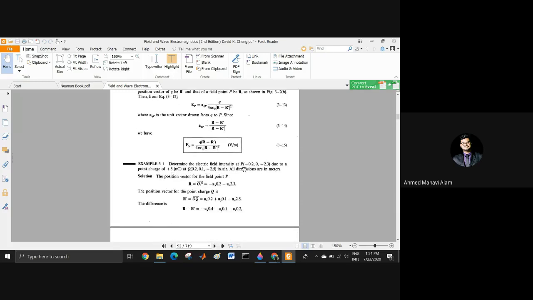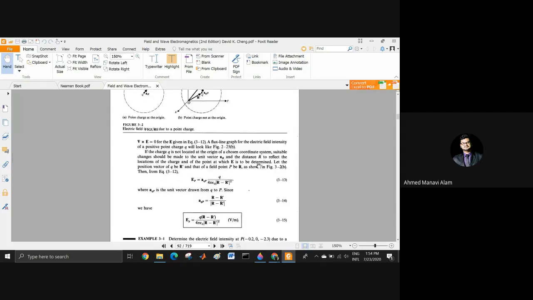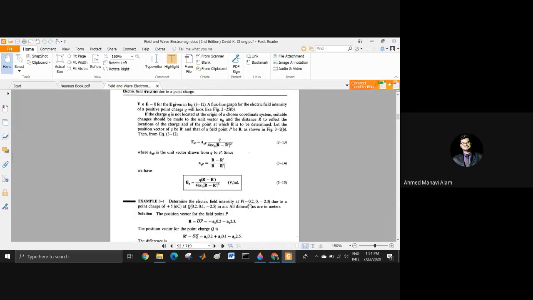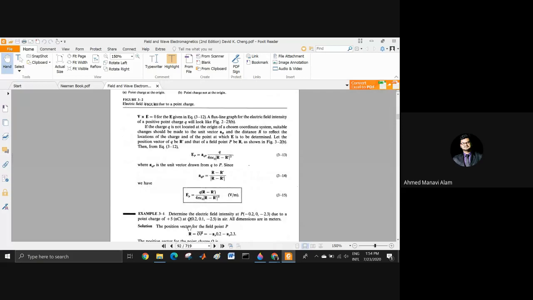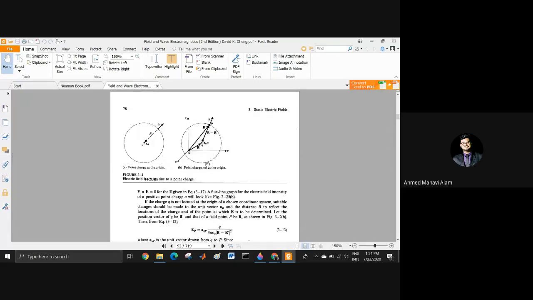Determine the electric field intensity at P. That means the coordinates of P, the X, Y, Z coordinates, are given, due to a point charge of +5 nanocoulomb. That means they have given the value of the point charge Q, at Q in the air. Okay.